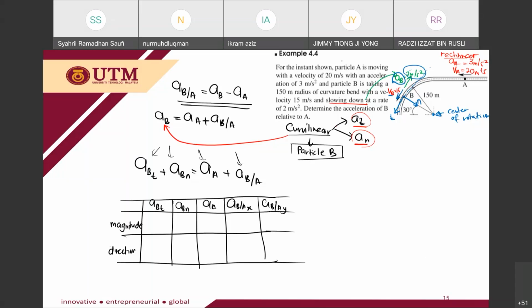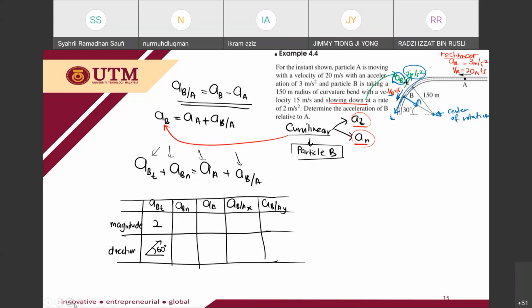Along the tangent, you are already given the information slowing down, which is opposite to the velocity direction. So acceleration of B tangent is 2 meter per second squared, with the direction opposite to the velocity, 60 degree.